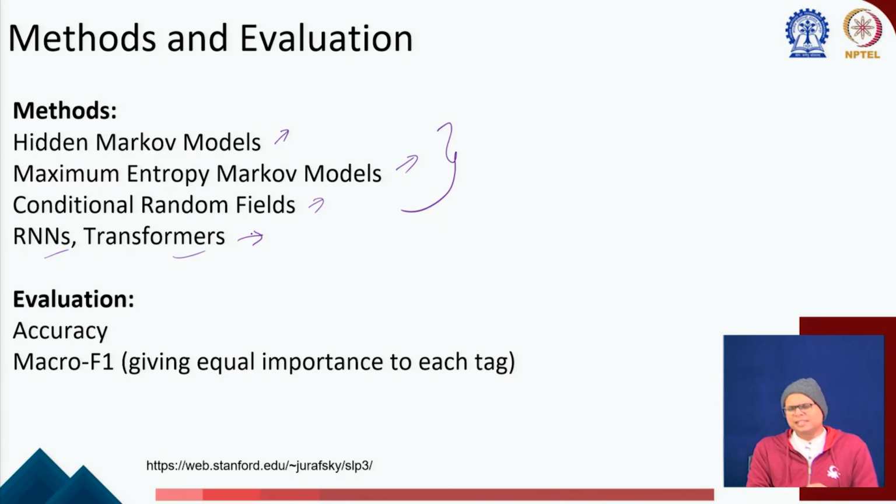And to evaluate, again this is very similar to classification, except that now at every word you have a ground truth label and a corresponding system output. So, accordingly you can compute accuracy and F1 score. If you do macro F1, you will give equal importance to each part of speech tag in this case.